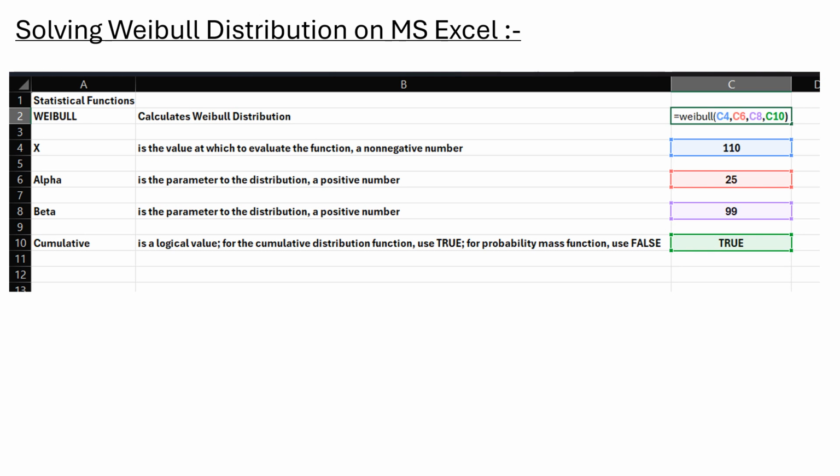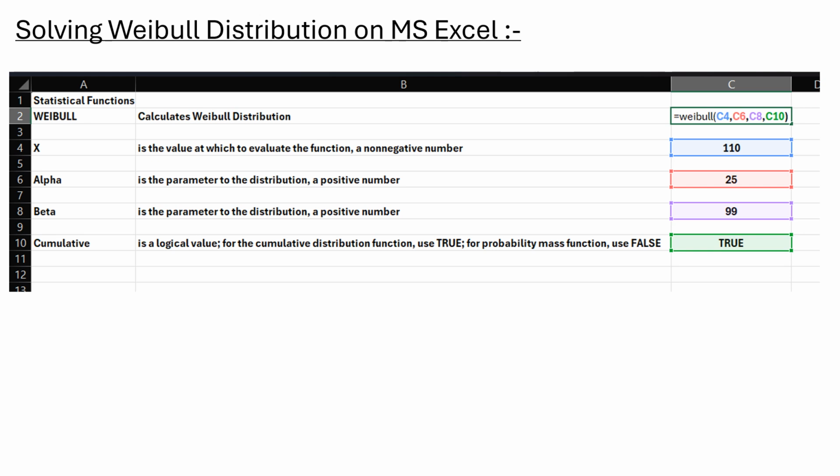So here you can see that we have allotted the values for every element of this function. The value of x is 110, the value of alpha is 25, the value of beta is 99, and the status of cumulative function is true. That is, we have to use the cumulative distribution function. In short, we have to find the Weibull CDF, P of x less than or equal to x.